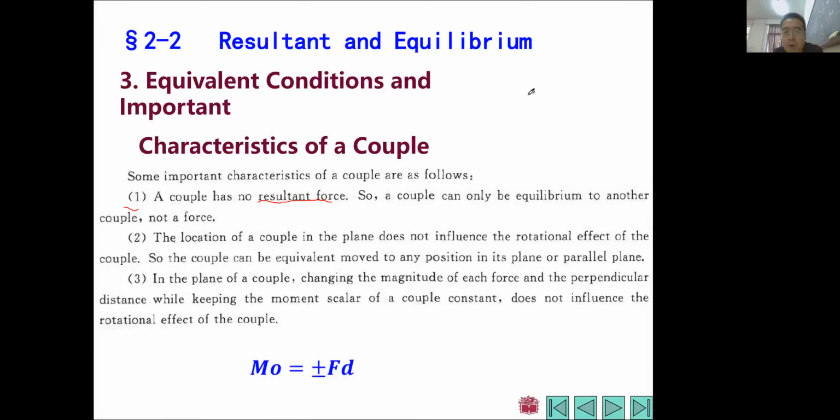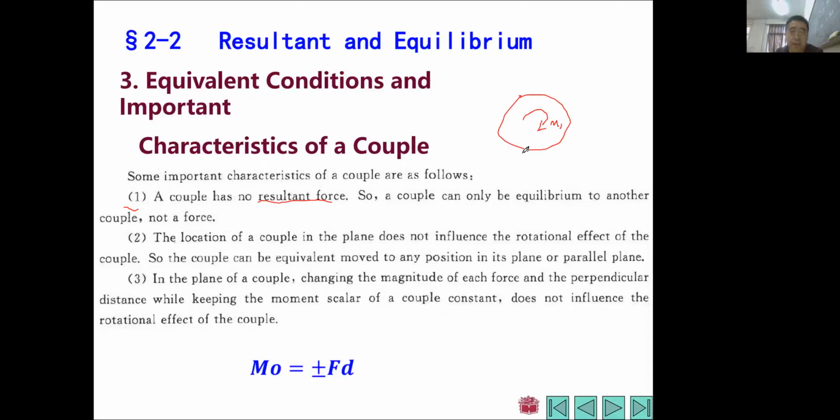That means if we have a body, maybe like this, and we know a couple acting on this body along clockwise direction, we use this M1. We try to counterbalance it and let this body be in a state of balance again. If you try to give it a force to prevent this body rotating around some axis or some point, you will feel it, right?